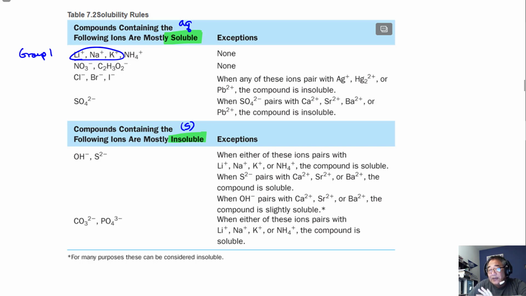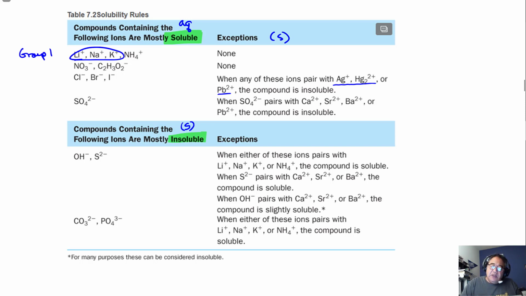So they'll always be aqueous. On the other hand, chloride, bromide, and iodide are generally soluble, except when they're paired with silver, mercury, or lead ions, and those tend to be insoluble. So the exceptions in this case would be solids.